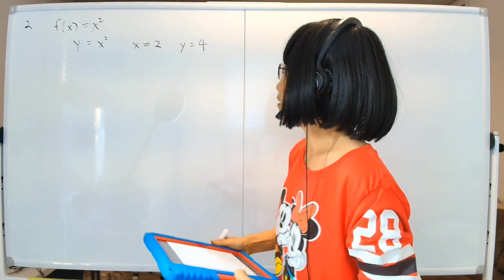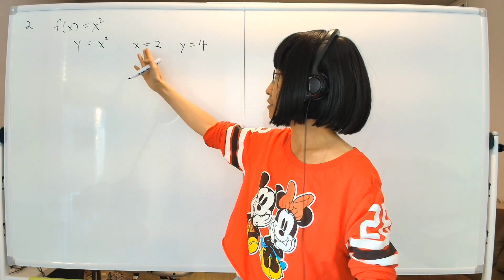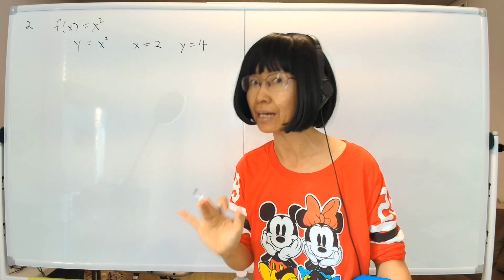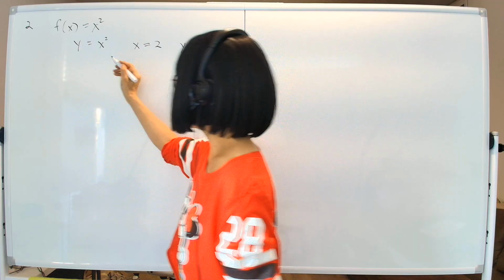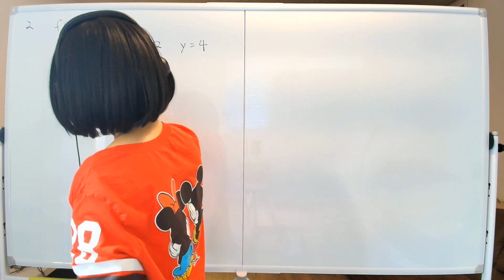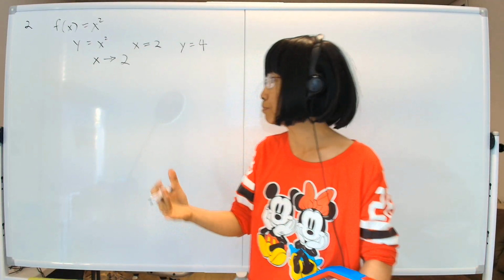However, here's what I'm asking you. What happens when x gets close to 2 but doesn't touch it? That's called a limit. As x approaches 2, we write it like this. What happens when x approaches 2? It can approach from either side.